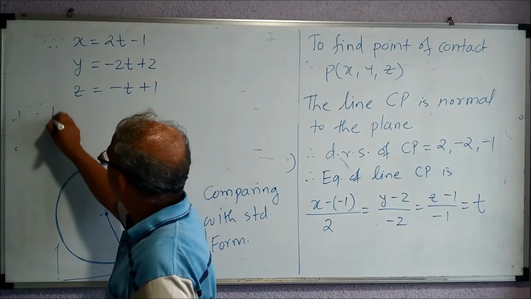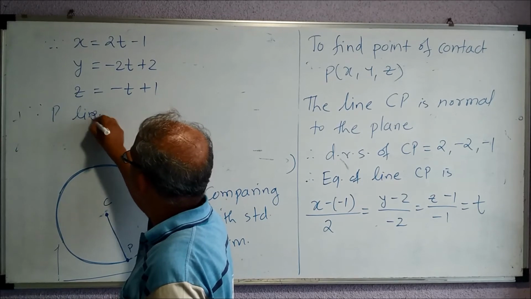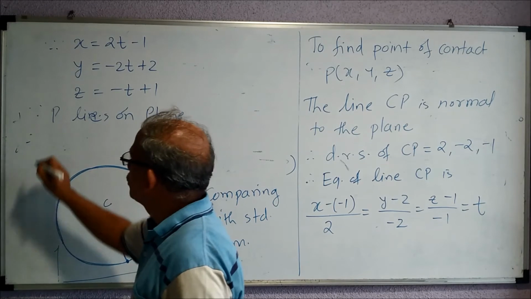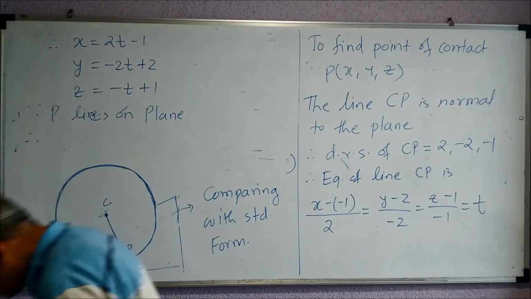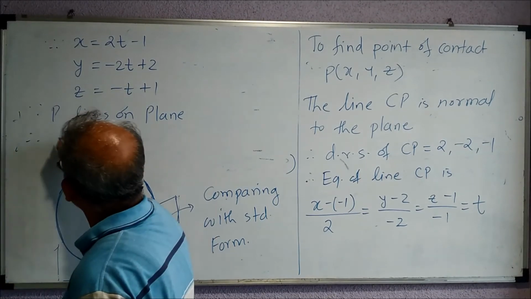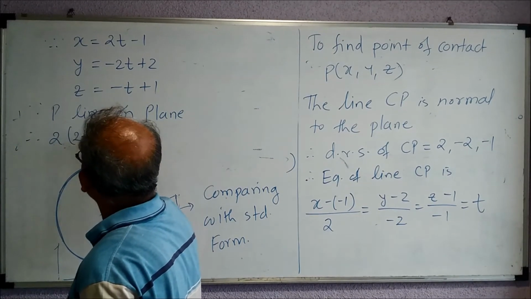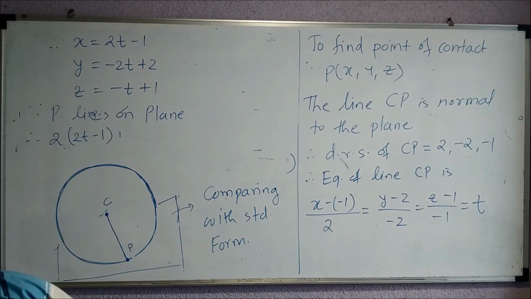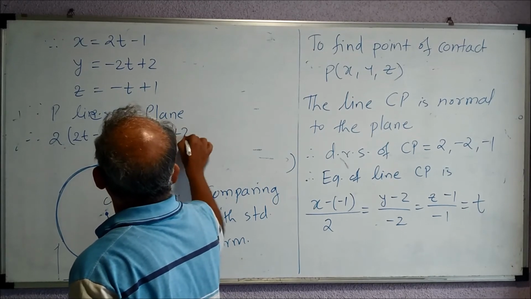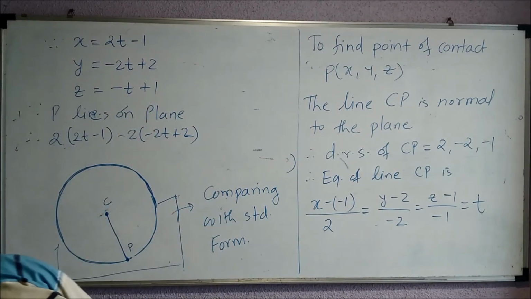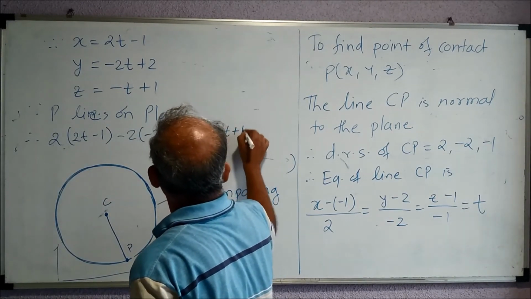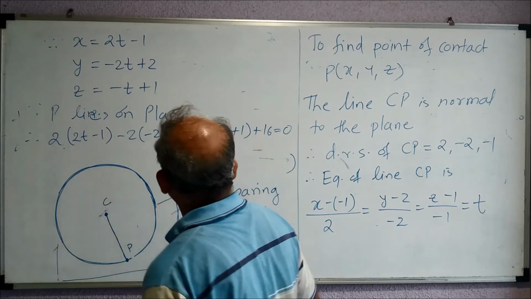So I say, since P lies on plane, therefore, what is the plane's equation? It is 2 into x, so 2 into (2t minus 1), then minus 2 into (-2t plus 2), then minus z, so minus (-t plus 1), plus 16 equal to 0.